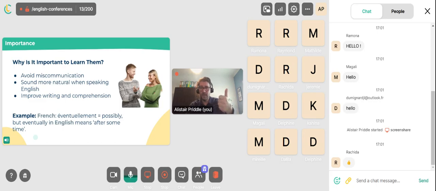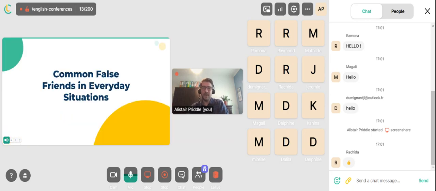Okay, so we have an example here. Éventuellement. This equals possibly. But eventually in English means after some time. So that's another example of two false friends.